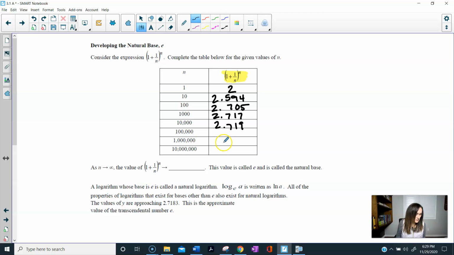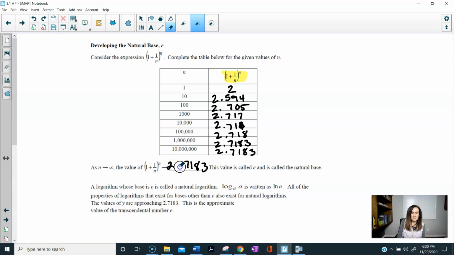When I plugged in 100,000, actually this was 2.718 again. When I plugged in 1,000,000, 2.7183. And so as n moves to infinity using this compound interest formula, it's going to approach 2.7183.